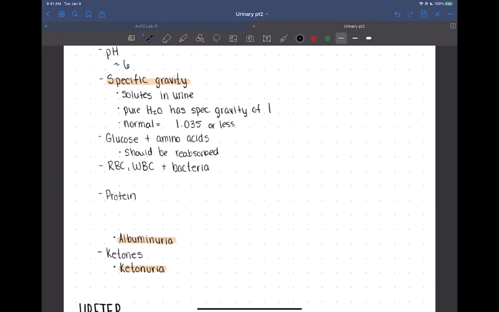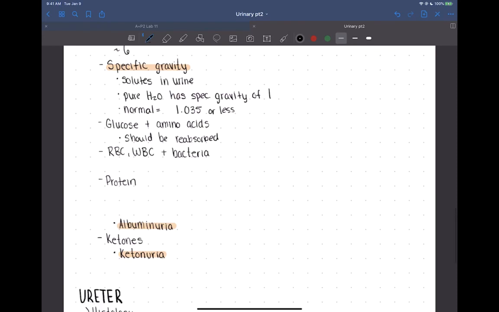So you can make a microscope slide to look at those. Put some urine on a slide and actually look at it and look for red blood cells and white blood cells and bacteria. You can also look for crystals, right? So formation of crystals can be seen through a microscope.